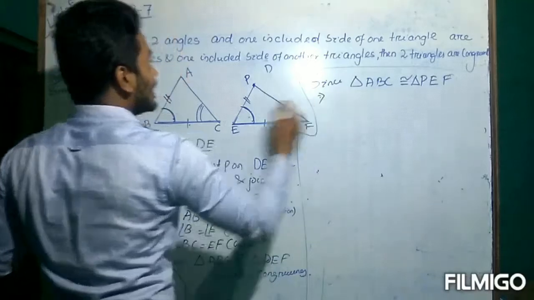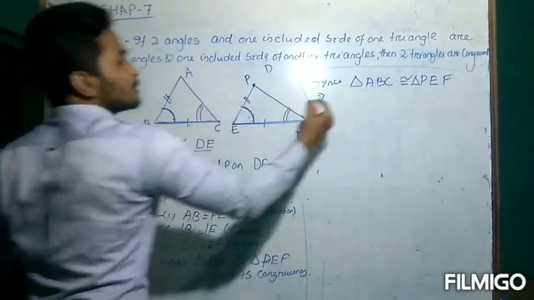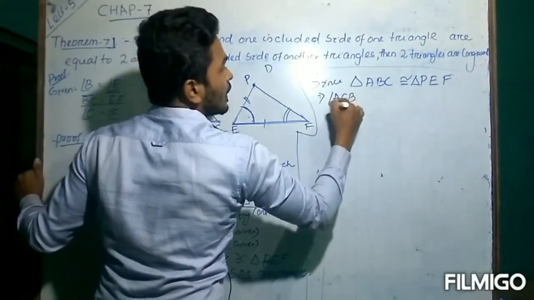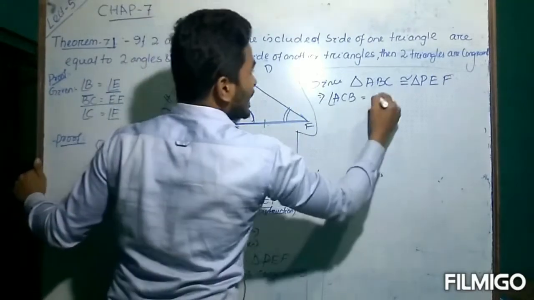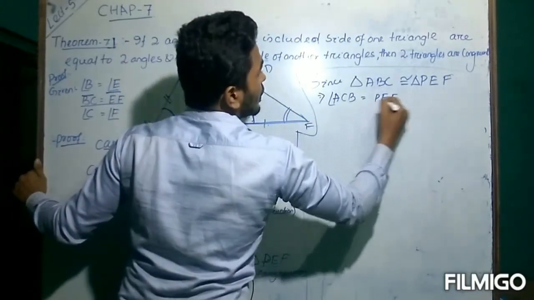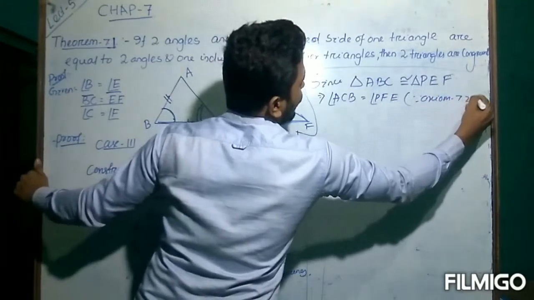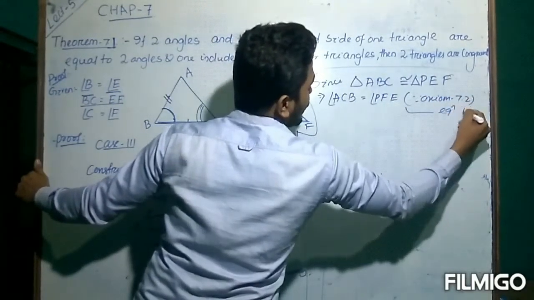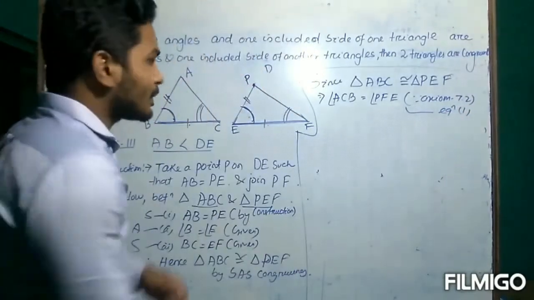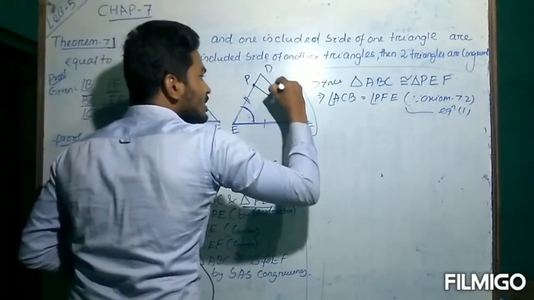So we can write angle SEB, this angle, is equal to this angle PFE by axiom 7.2. Suppose this is your equation number 1. Understood? Now draw the remaining parts.